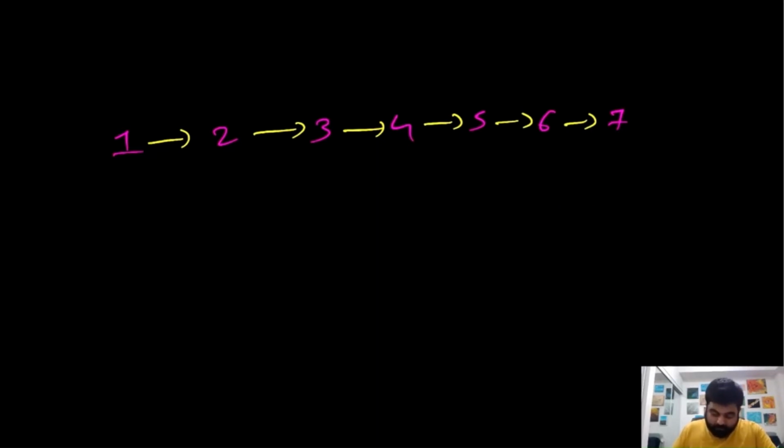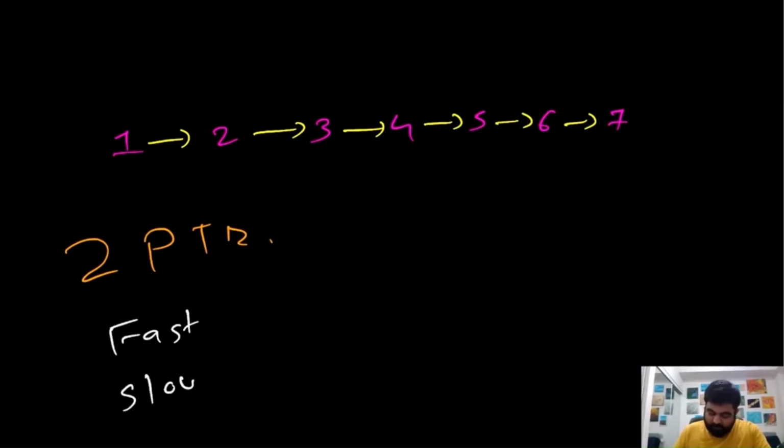A better approach is something which is much more beautiful and a very intuitive solution, which is the 2-pointer solution. We are going to have 2 pointers. One pointer is called fast, and the second pointer is going to be slow. Initially, for the fast and slow pointers, we are going to start at the initial position, and both of them have a special property.